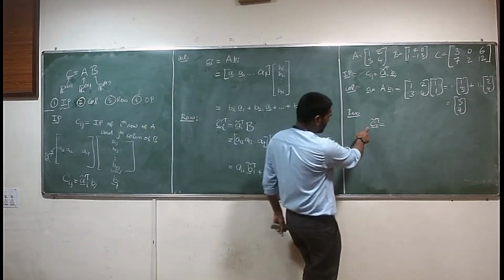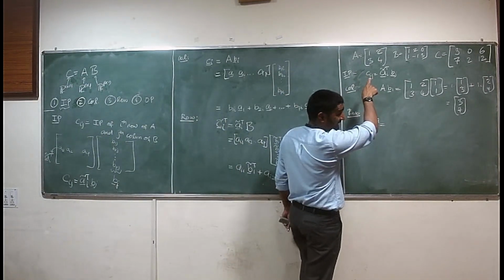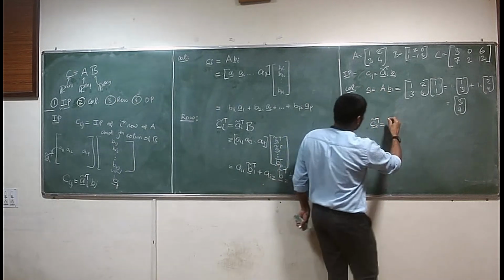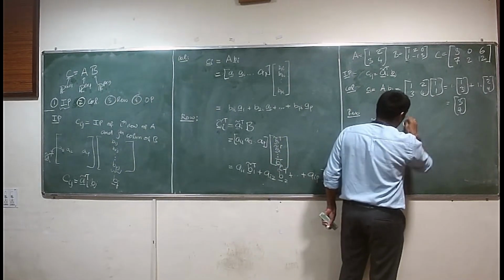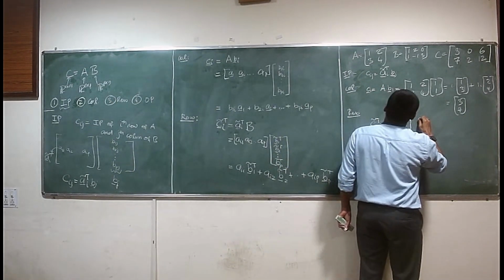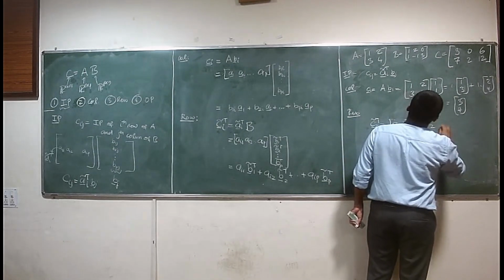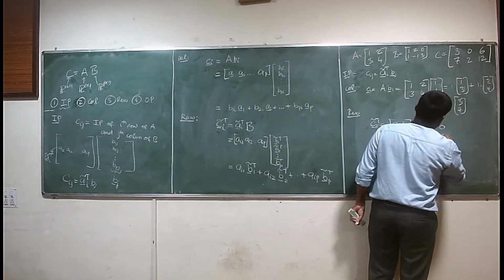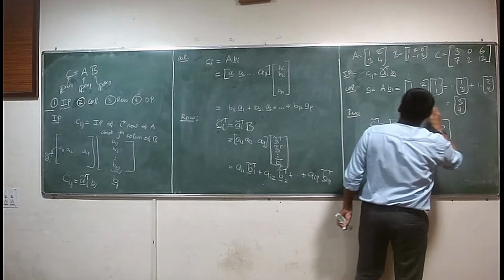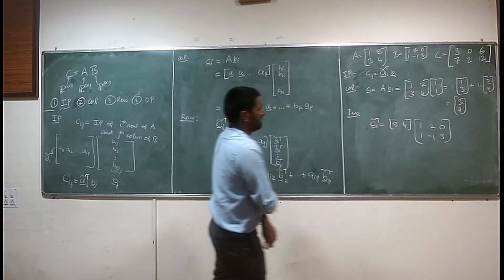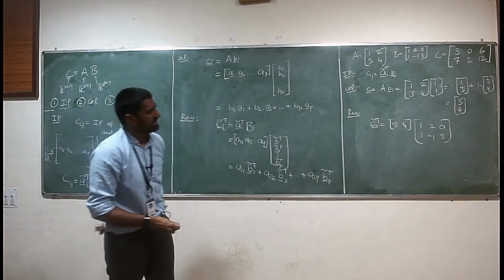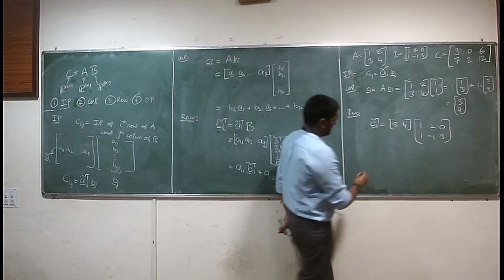So for computing the second row of C, we only have to consider the second row of A. That will be 3, 4, and we of course have to consider all of B. You can compute it like this, not using the inner product. So what will this be?